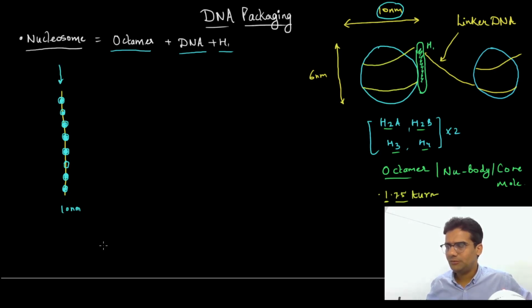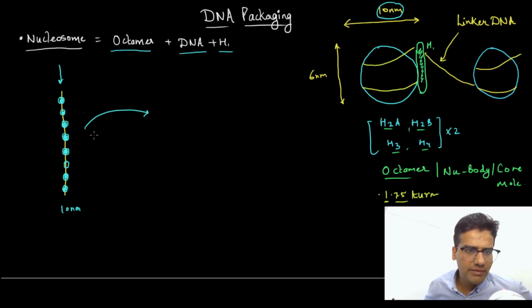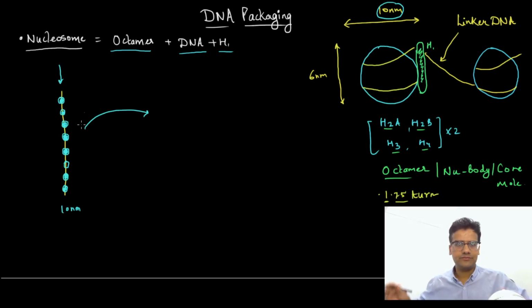This nucleosome fiber is then converted into another structure which is called a solenoid, because of the binding of the histone protein. This is the DNA, and because of the binding of the histone protein on this DNA, the histone protein causes a turn of 60 degrees.